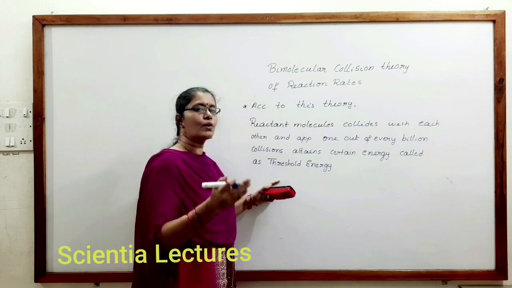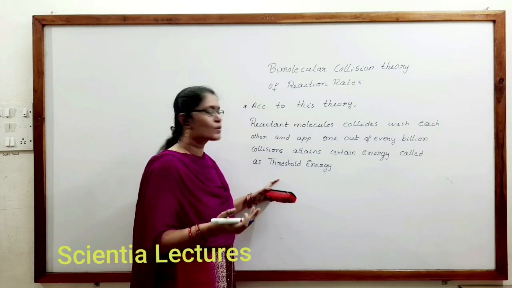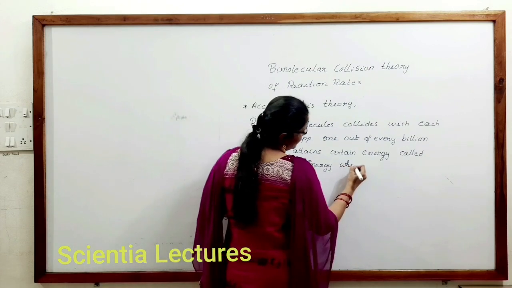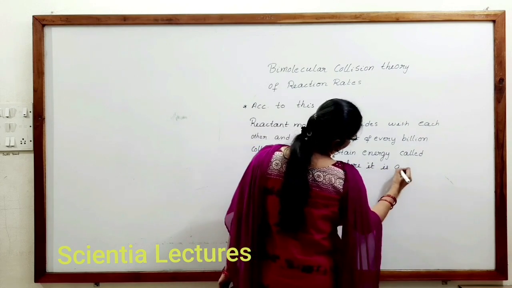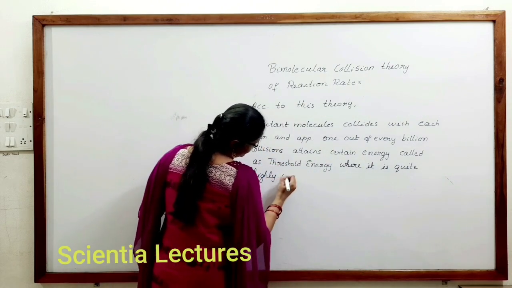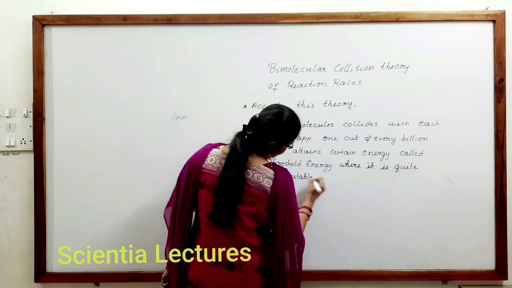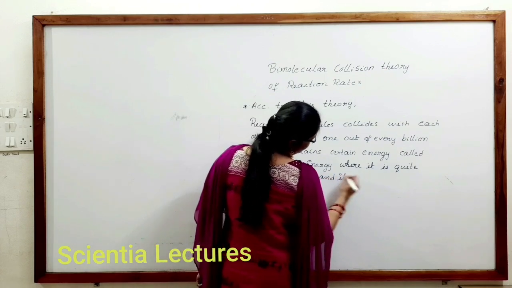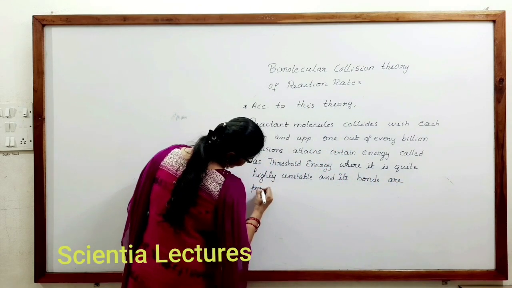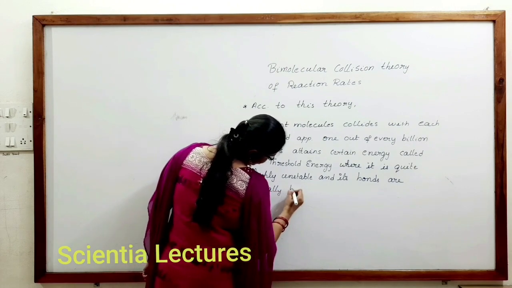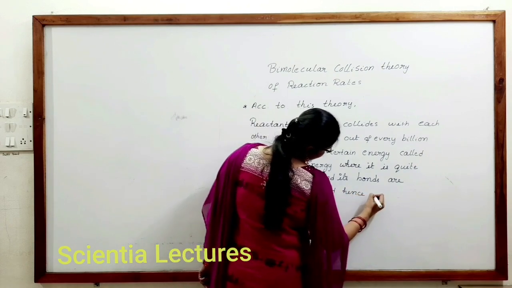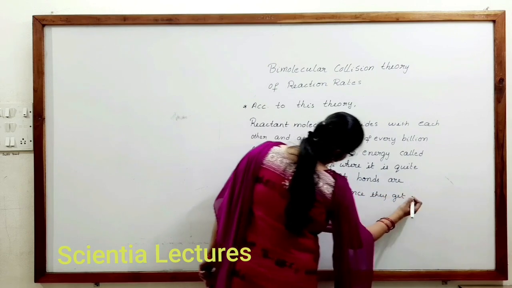Only 1 out of every billion collisions has a chance to get this threshold energy, where it is quite highly unstable and its bonds are partially broken, and hence they get converted into products.